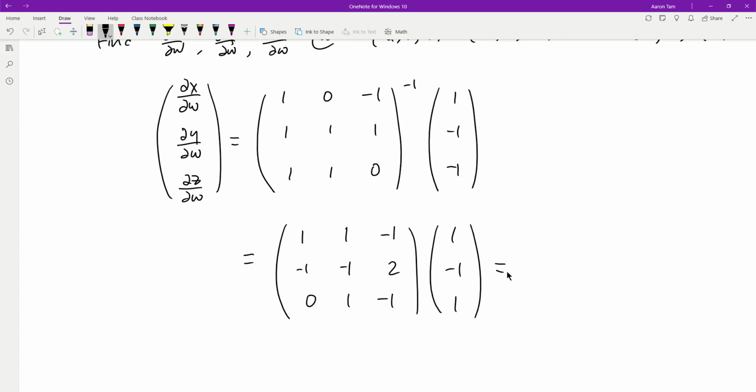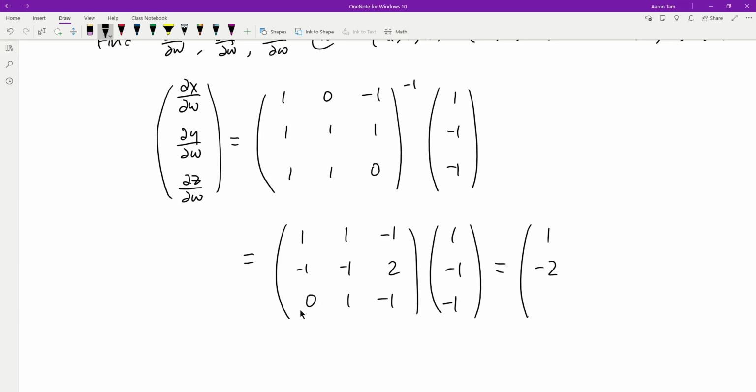And then you can just simply do your matrix multiplication, or if you want to, you can type it into a calculator. Oh, I forgot a negative 1 right here. So if you simply multiply this out, that would be 1 minus 1 plus 1, so the top number would be 1. Then negative 1 plus 1 minus 2, so the middle number is negative 2.